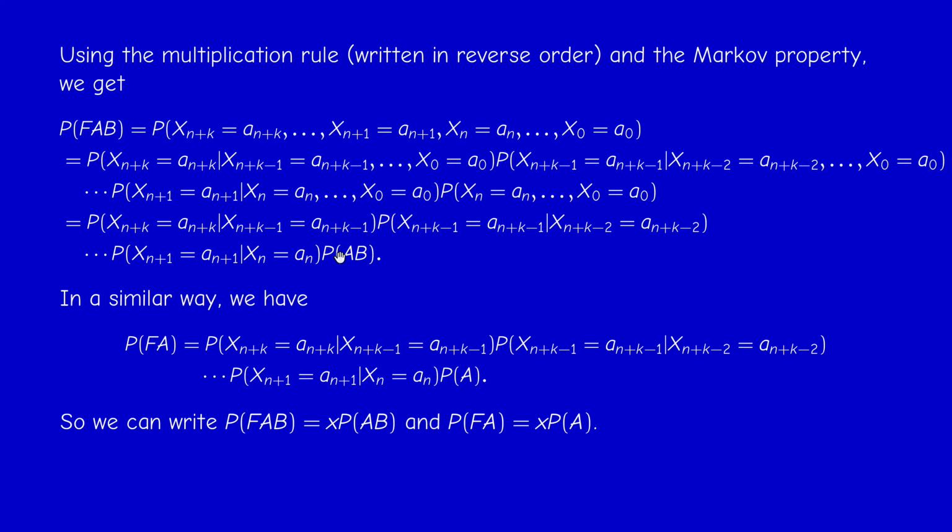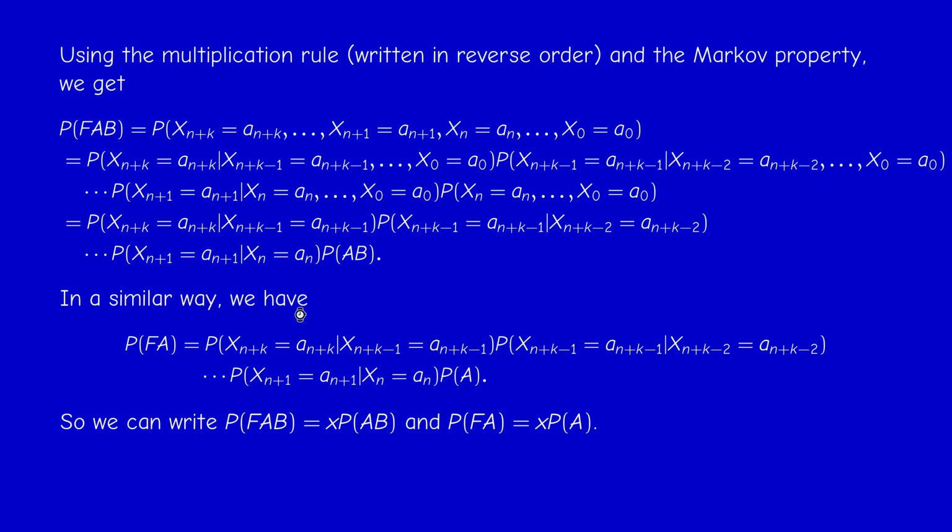And in the second equation, everything before PA I call x because it's the same x. So what is x? X is a number between 0 and 1, which is the probability of xn plus k equal an plus k given the previous event times etc., up to the probability of xn plus 1 equal an plus 1 given xn equal an.